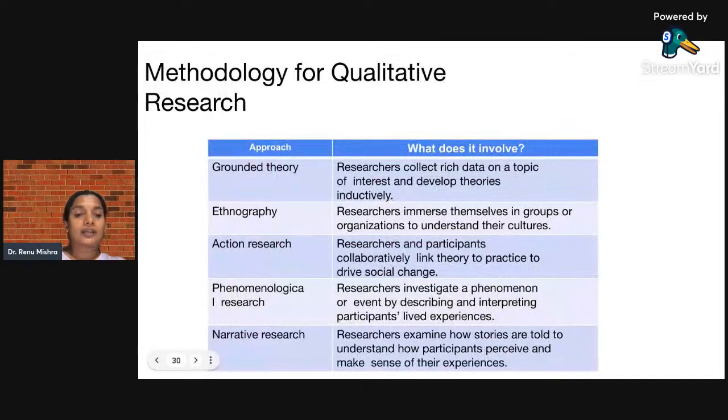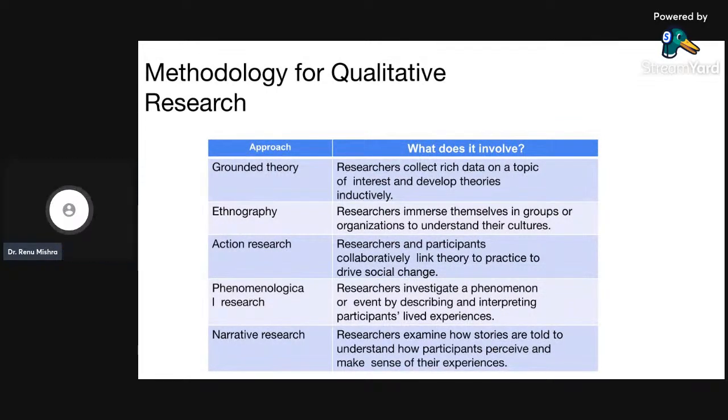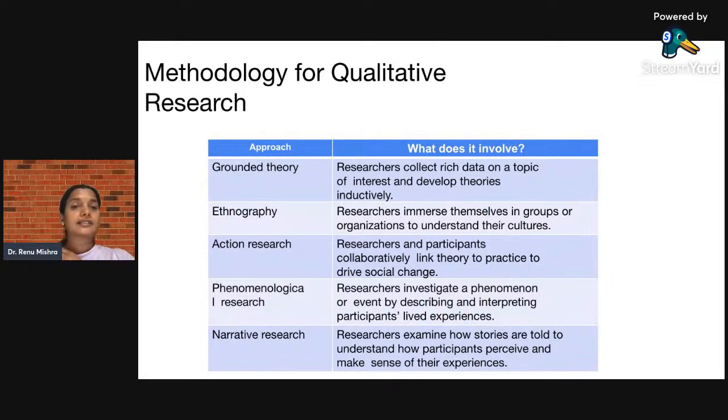Now, what will be the methodology for qualitative research? Firstly, it is grounded theory, where you are collecting information on a topic to develop some theories. Further on, for example, action research, wherein you are trying to drive some sort of change in whatever process has been going on.